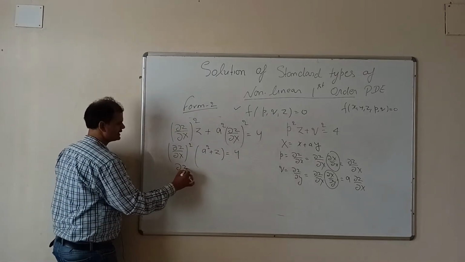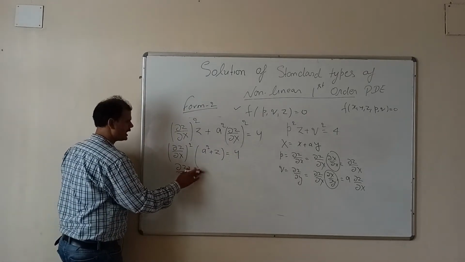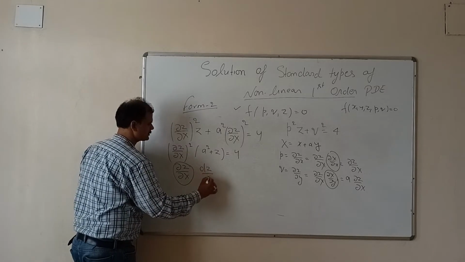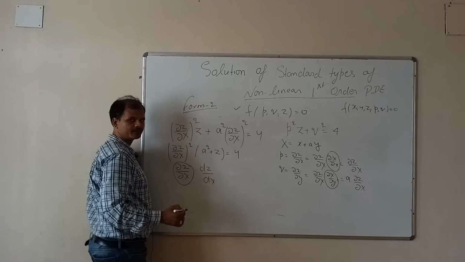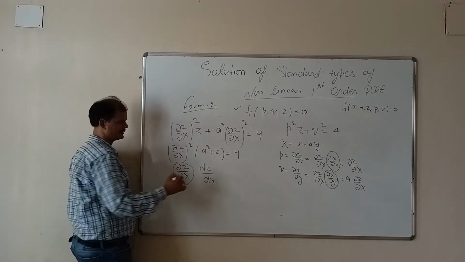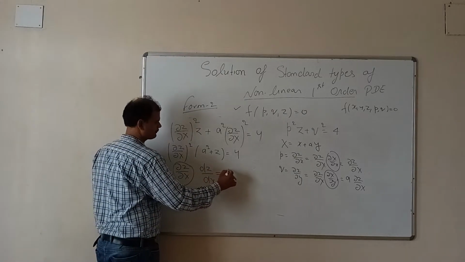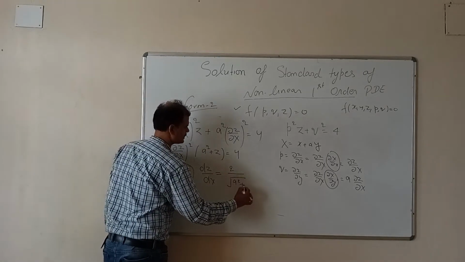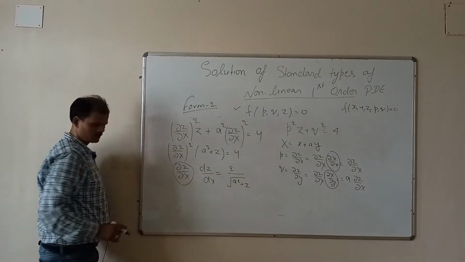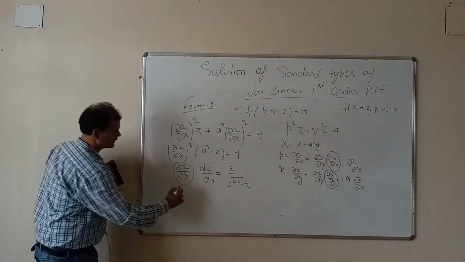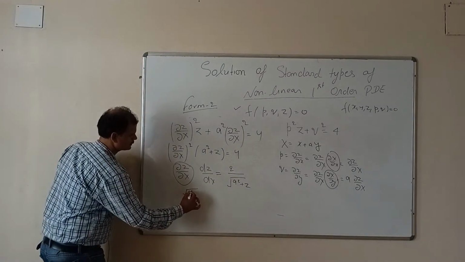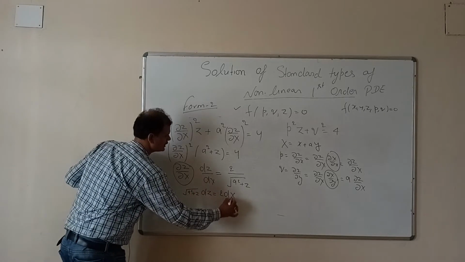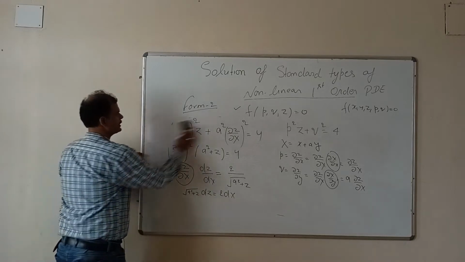So your del z by del X, or we can write this as dz by dX also, because z is a function of the single variable capital X here, equals 2 by under root a square plus z. So now we can integrate. So we get under root a square plus z dz equal to 2 dX.